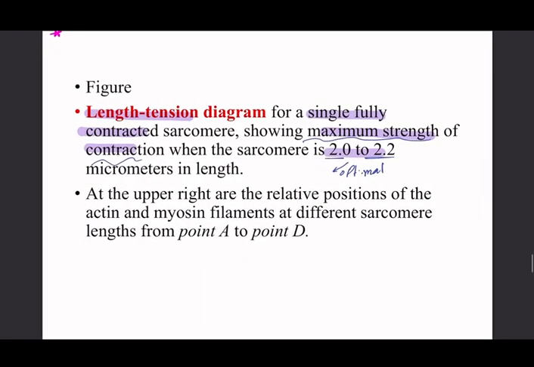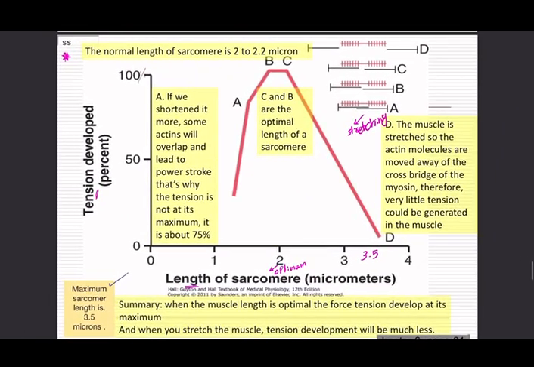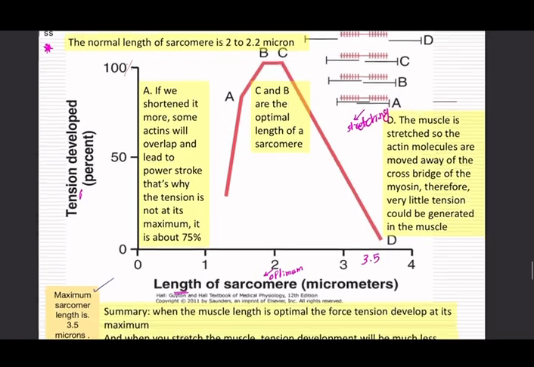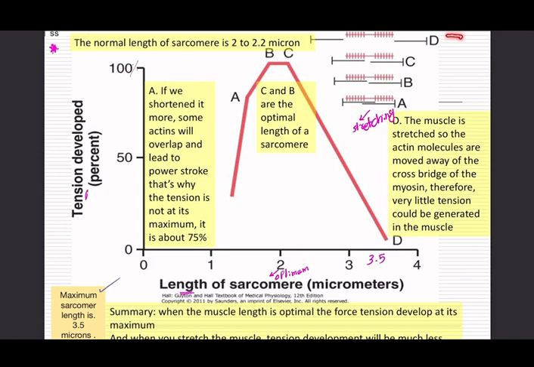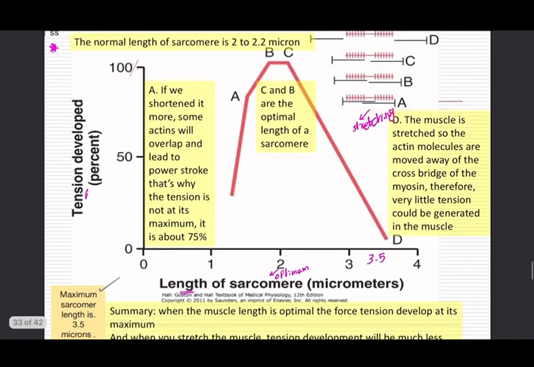So now we're going to discuss the length tension diagram. When you look at it, it basically discusses the idea of what is actually the optimal length of a sarcomere in order for it to give the optimal tension. So the letters here demonstrate the length of the sarcomere, and here the percentages of the tension.